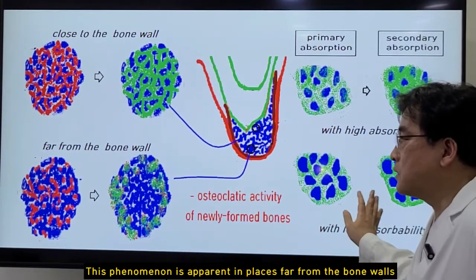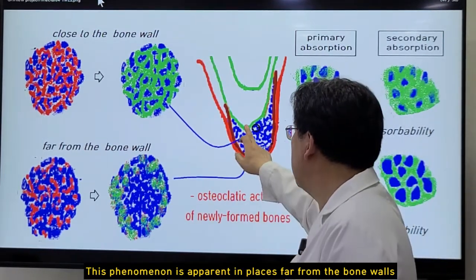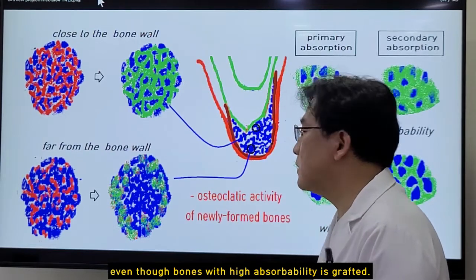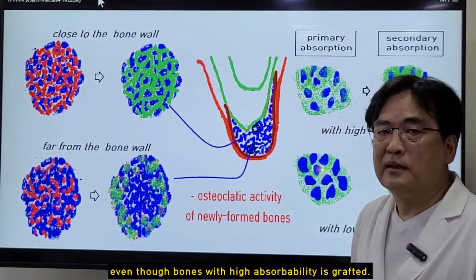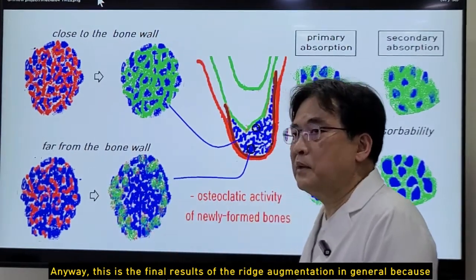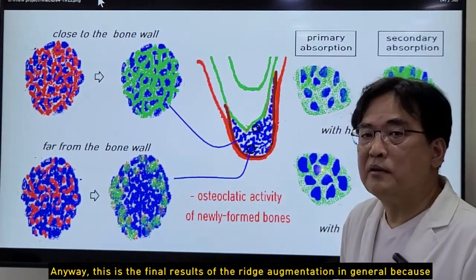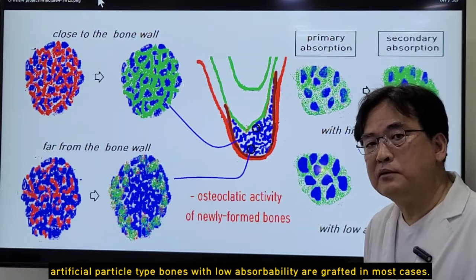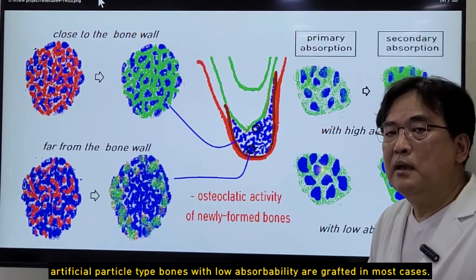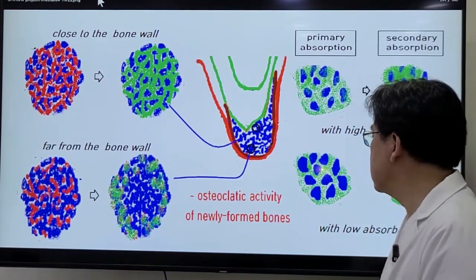This phenomenon is apparent in places far from the bone walls, even though bone with high absorbability is grafted. Anyway, this is the final result of ridge augmentation in general because artificial particle bones with low absorbability are grafted in most cases.